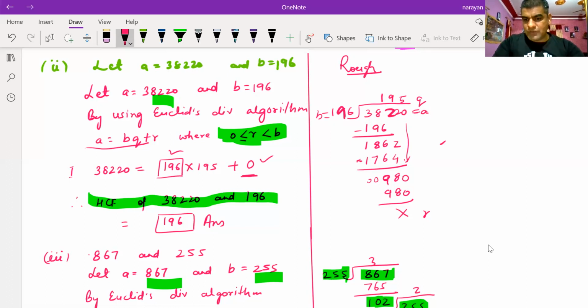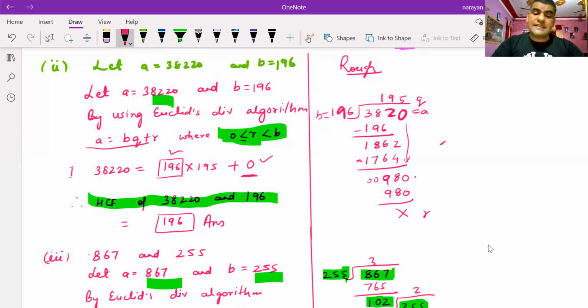You can see the steps over here. 196 when 196, then 186 is the remainder. You take 2 at the bottom. Once you take the 2 at the bottom, it becomes 1862. So 196 goes 9 times, it becomes 1764. Then 98 is the remainder, then you take this 0. Then 196 goes how many times? 5 times, and we get the remainder 0.